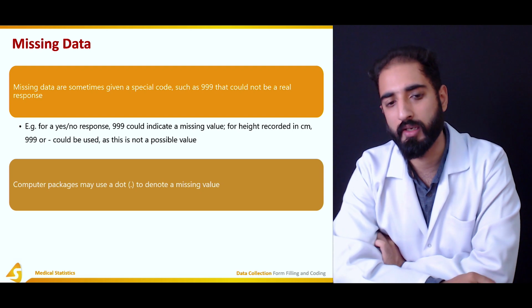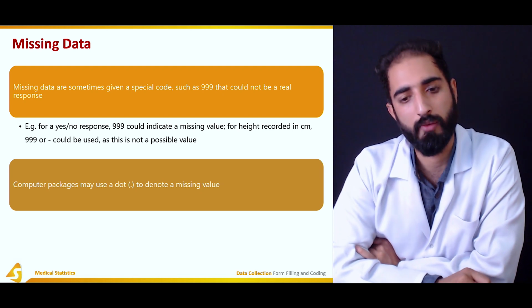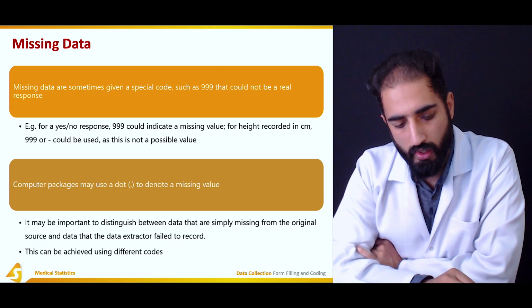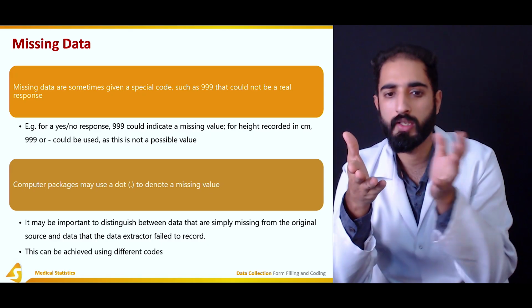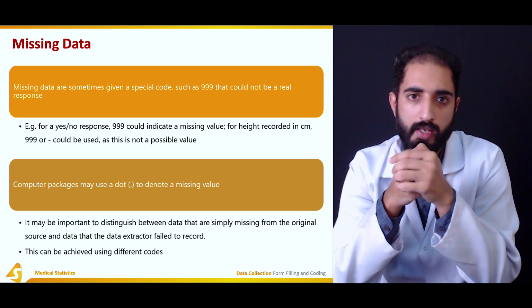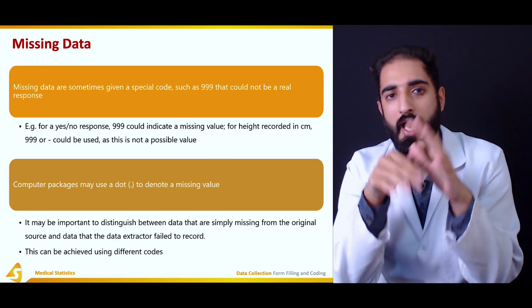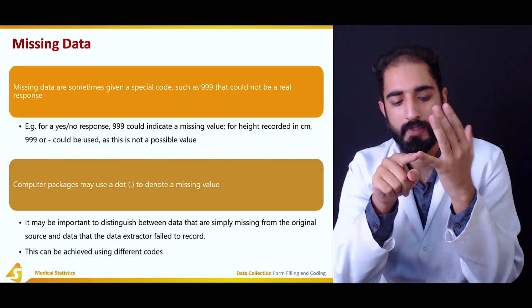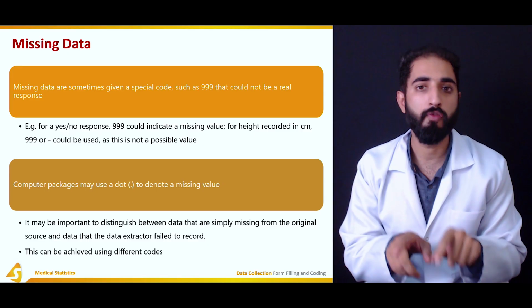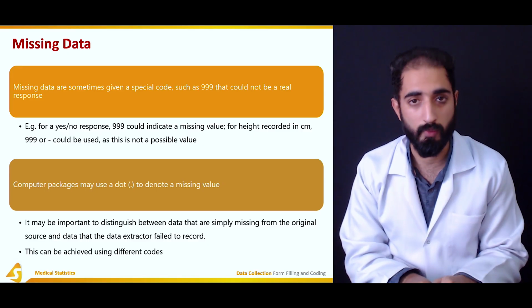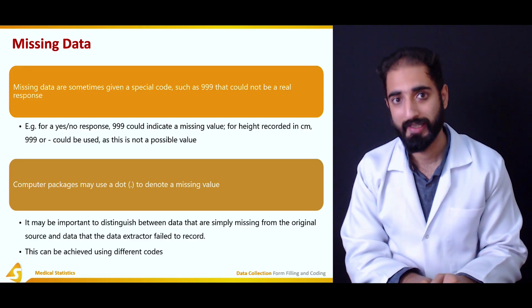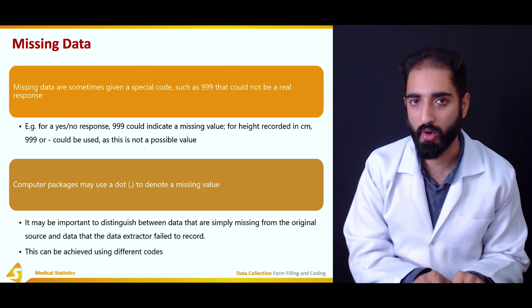Computer packages use a dot to denote a missing value by default. So we can also use a dot, but why are we giving a separate value for that? It helps because sometimes while entering the data I forget to enter a value for some variable or some individual. That would be marked as a dot.